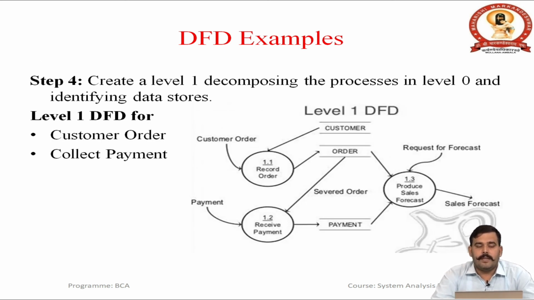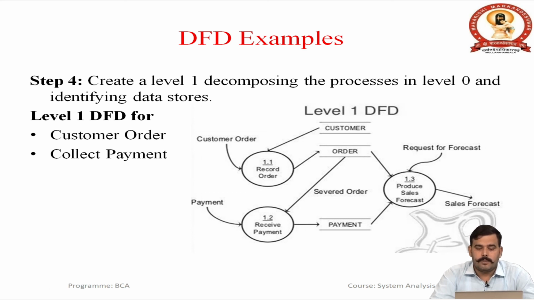Now, we are creating the level 1 DFD for customer order and collect the payment. That is the level 1 DFD on the screen. The customer will place the order, and that order will be stored in the order storage. From that storage, we can check the produce and sales forecast. If we are taking too many orders, we can easily forecast how much we have to produce.